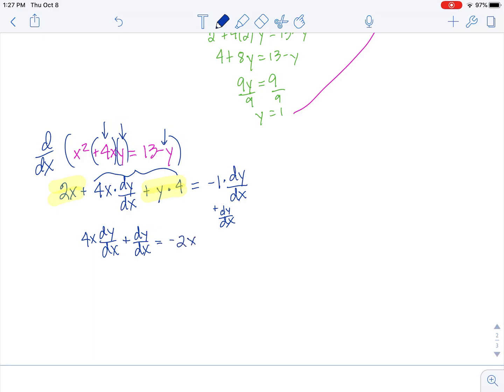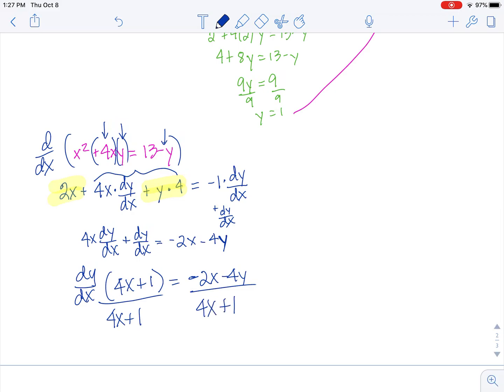So that's -2x minus 4y. Oh, yuck, ugly. Then I'm going to factor out dy/dx, which leaves me with 4x plus 1. I get this, and then I'm going to divide by that bad boy. So my derivative is -2x minus 4y all over 4x plus 1.